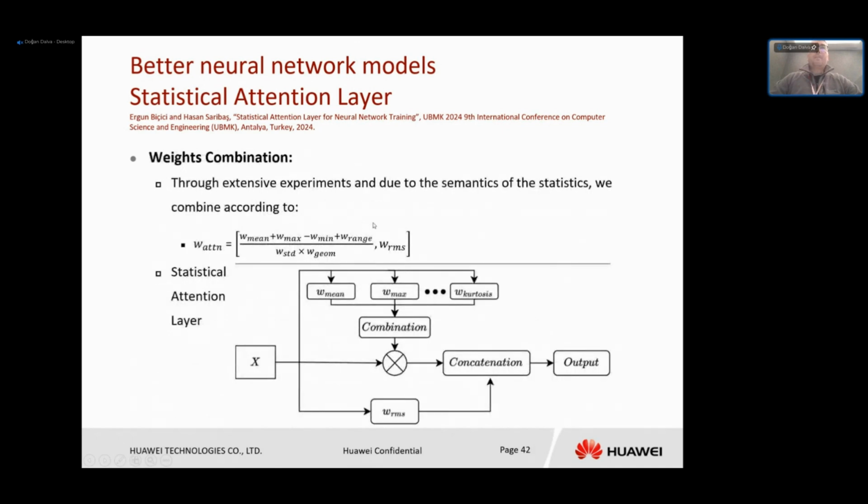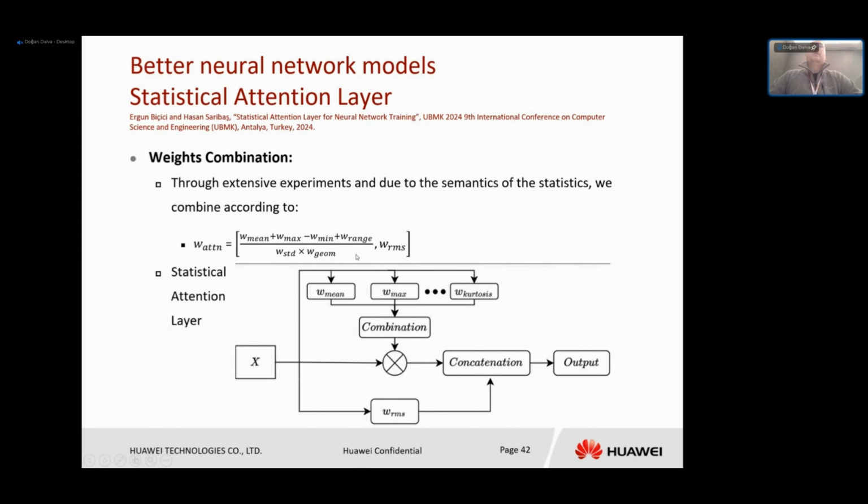And again, by using various experiments and using the semantics of these statistics, we obtain this formula. So the layer takes these statistics as a parameter selection, as if we are selecting these parameters, and if they are included in the weighting function, they are included as in this formula.